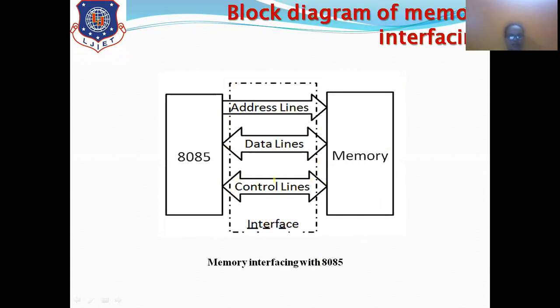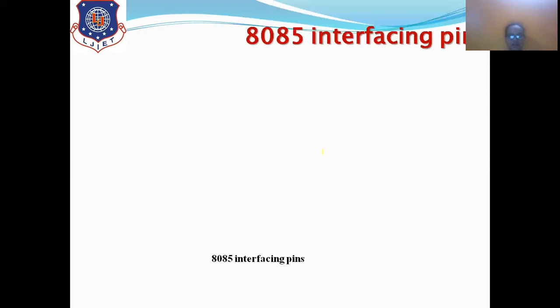There are three. First, the address lines, to point out the address of the memory from which the data needs to be fetched. Second, the data lines, which are bidirectional. And third, the control lines, which we have seen in the last session, about how the control signals are generated, right? So this is the basic block diagram of how memory can be interfaced with 8085.